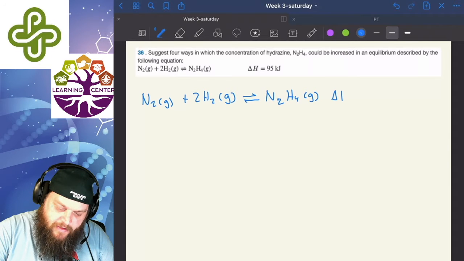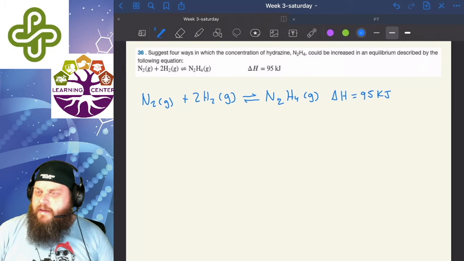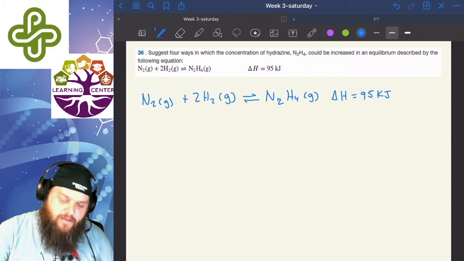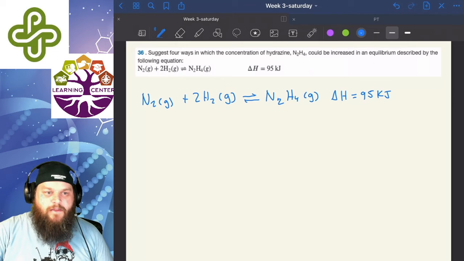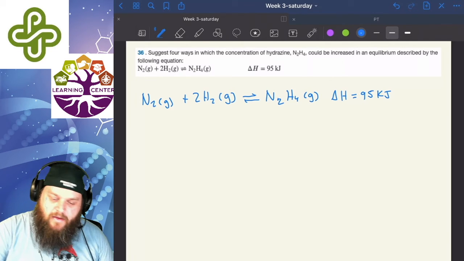The change in enthalpy is equal to 95 kilojoules. And the magnitude of that change in enthalpy, I don't really care about in this equation, but I do care about the sign of it. The sign of that enthalpy will tell me kind of whether it's endothermic or exothermic.